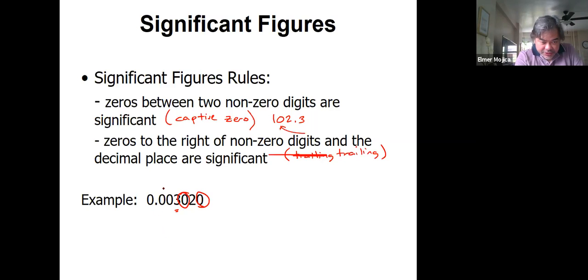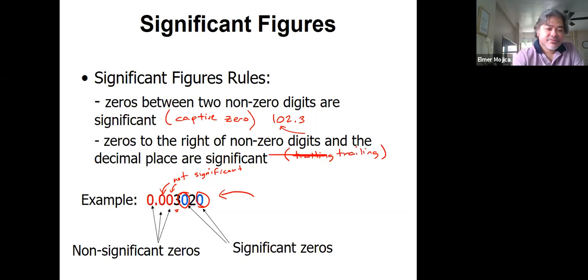These zeros here are not significant. The only one that is significant is to the right of non-zero digits.